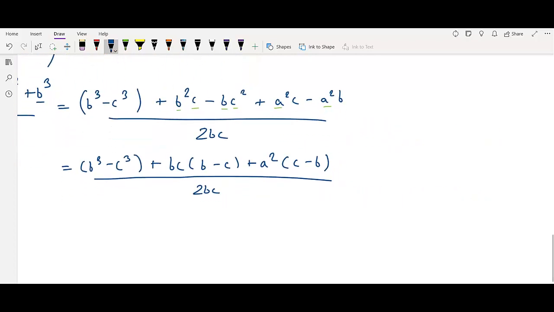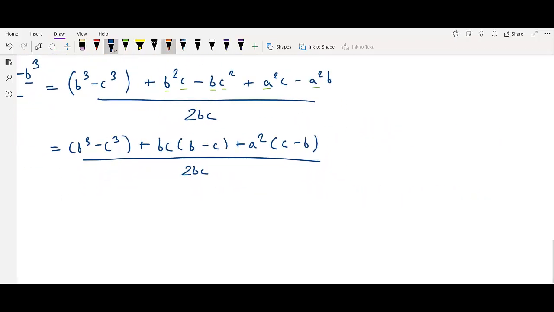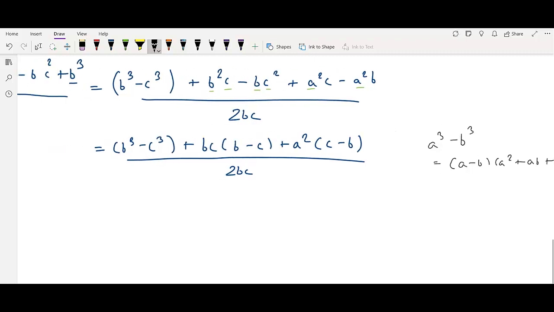Now what is b cube minus c cube? b cube minus c cube equals b minus c, b square plus bc plus c square. Okay, that's an identity, so we can write that down.